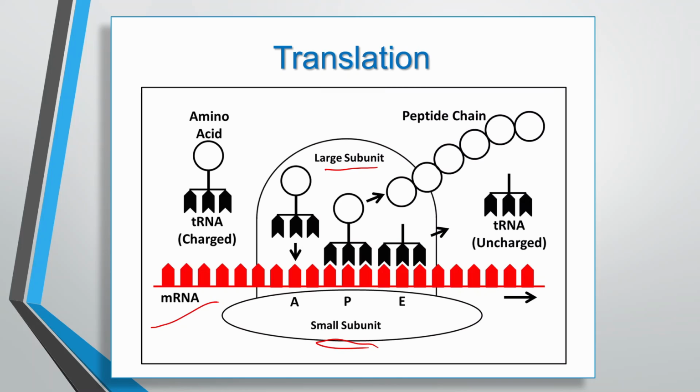The small subunit of a ribosome reads the codon AUG, like we just said, that's the start codon, and recruits the transfer RNA molecule, which is this, or tRNA.